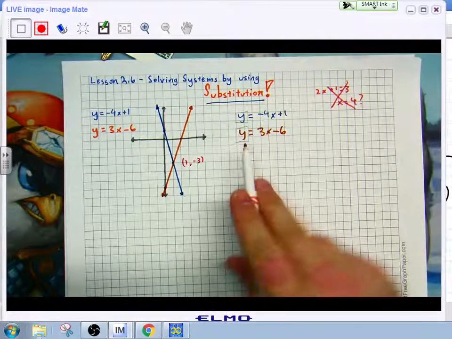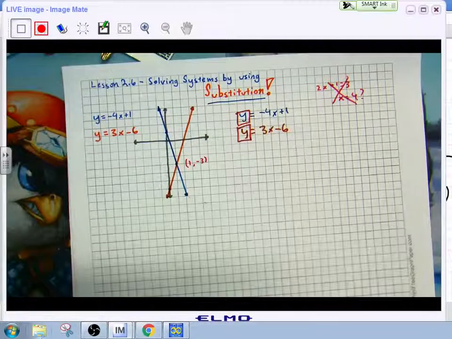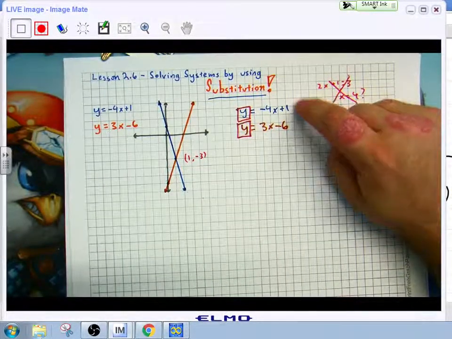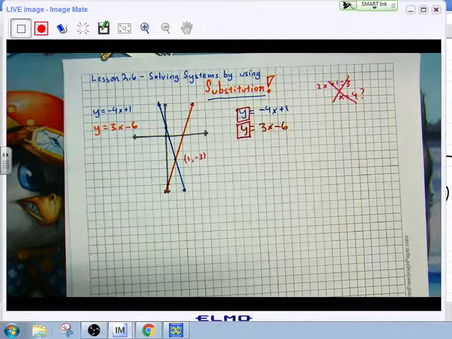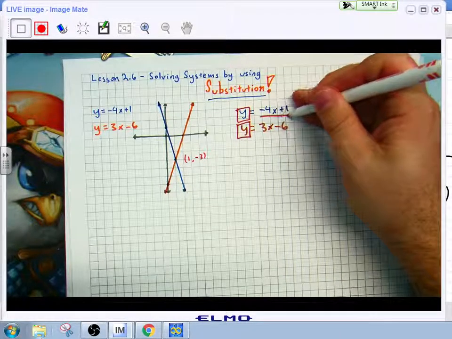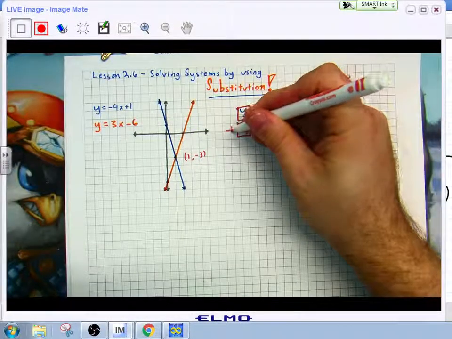Well, what we're going to do here is I see that y and y are the same thing, right? So what I can do in this case is substitute in for y. If I have y equals -4x plus 1, I can substitute that in for this y right here.